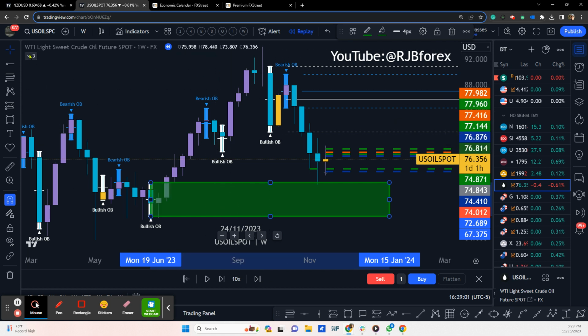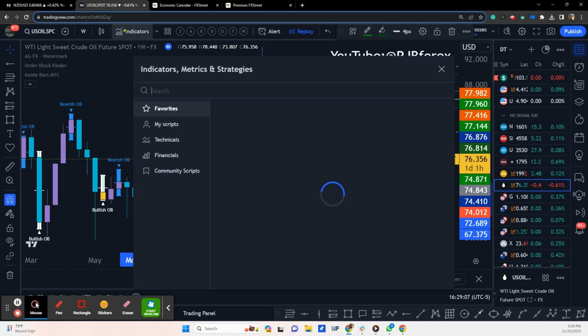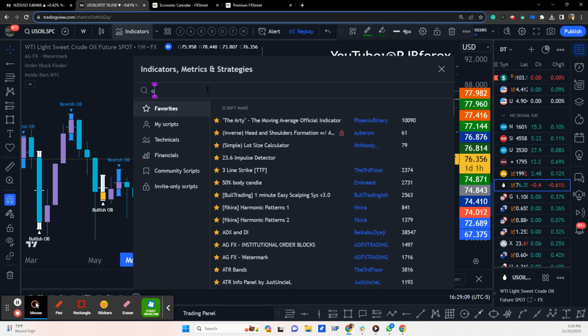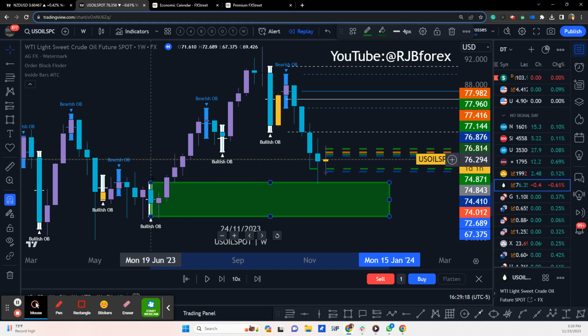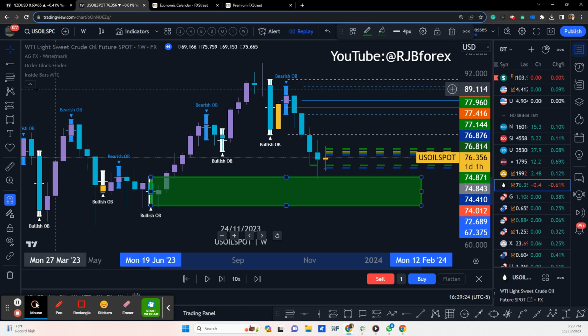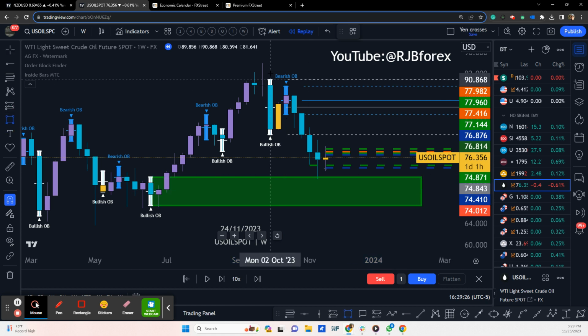You can find this indicator as order block finder under indicators. Order block finder experimental, right? And that just gives you a very quick snapshot of where supply and resistance areas are on the longer term or any time frame chart.